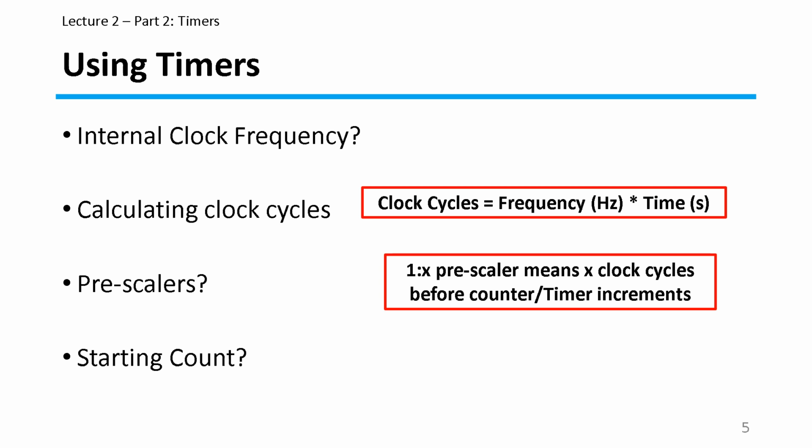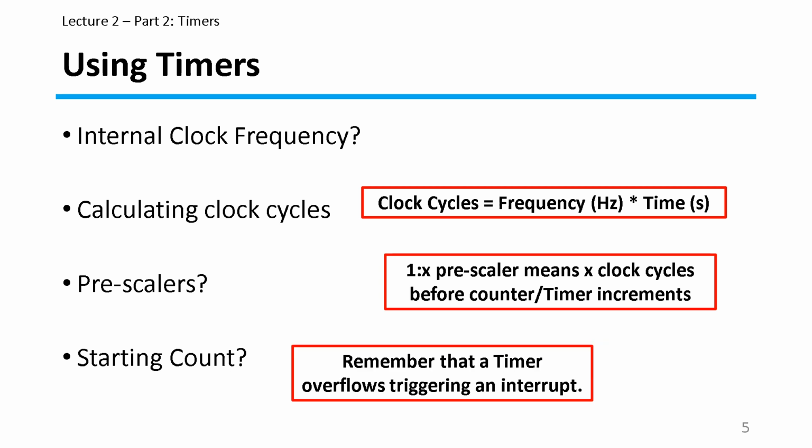It will mean that 16 clock cycles will have passed before your timer counts up. In effect, this lowers the resolution of your timer by 16. So this is something worth thinking about depending on the application you're trying to use. If you're trying to detect something that happens within or between the 16 clock cycles, you won't be able to detect it until the 16th clock cycle has passed.